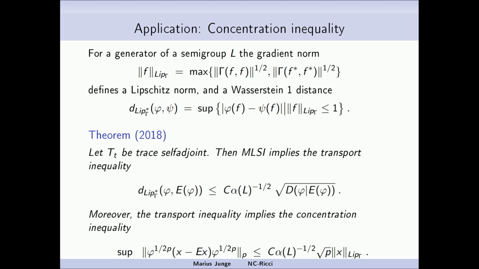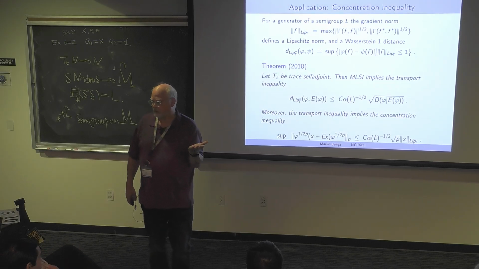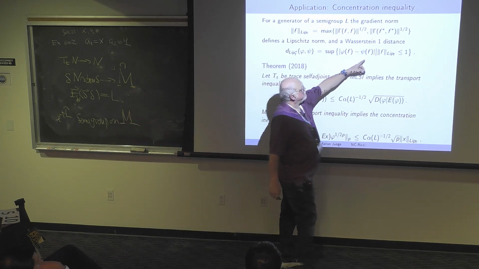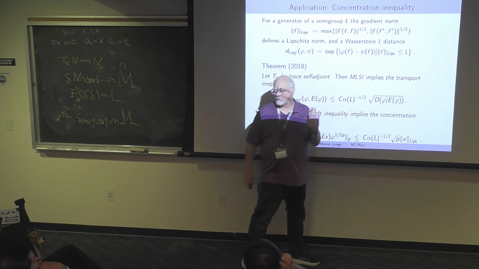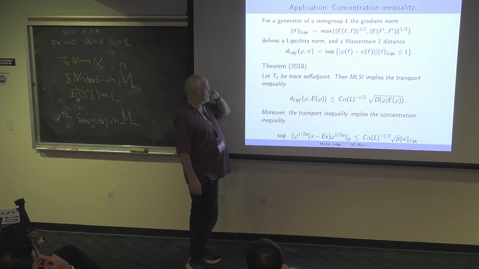And then we prove that if T_t is trace self-adjoint, that's what we proved there, that the dual of the gradient norm, I mean, if you have a gradient norm, you can define a Wasserstein 1 distance just by duality: supremum over f, where the Lipschitz norm is less than 1. f here is, of course, an observable. It looks like a function, but it's an observable.